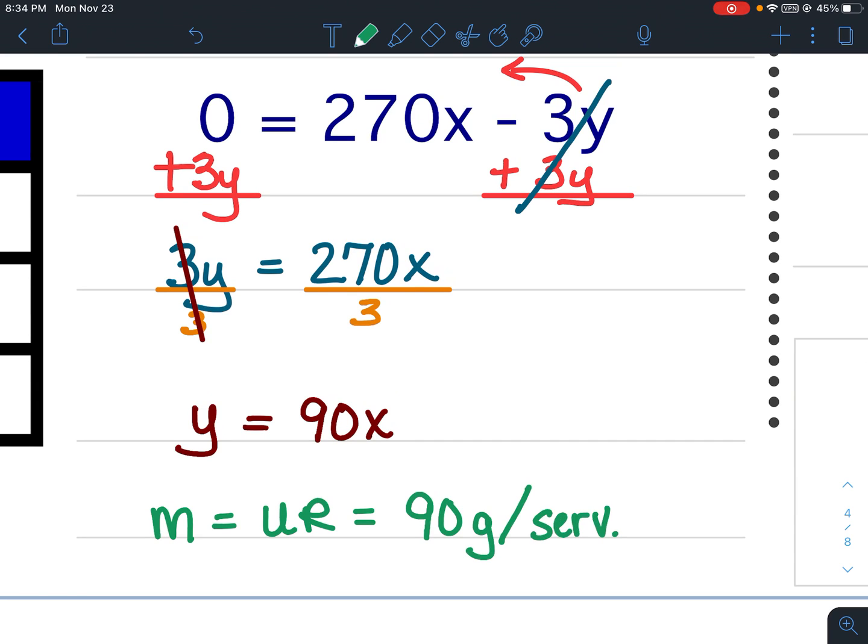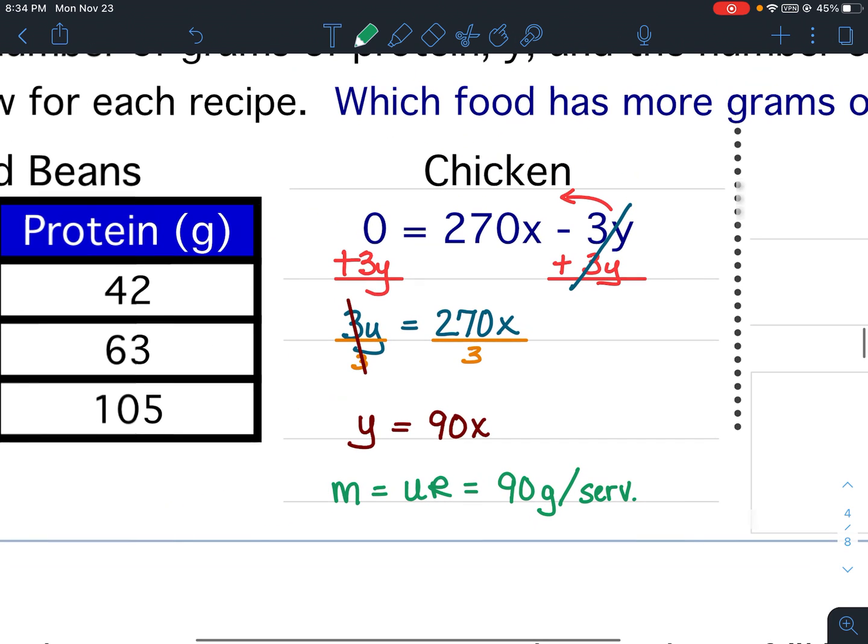It's 90 grams per serving. So I found the unit rate for the chicken. Now I need to find the unit rate for the rice and beans. But before I do that, once again, for the chicken, I solve for Y, put it in slope-intercept form, and then the slope is in front of X. And unit rate, rate of change, and slope are all the same thing.